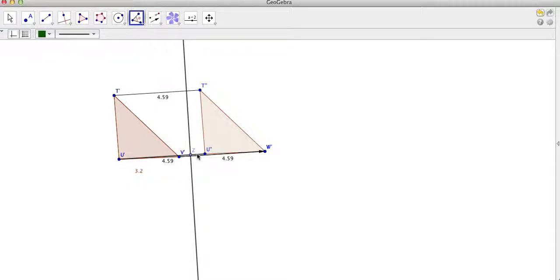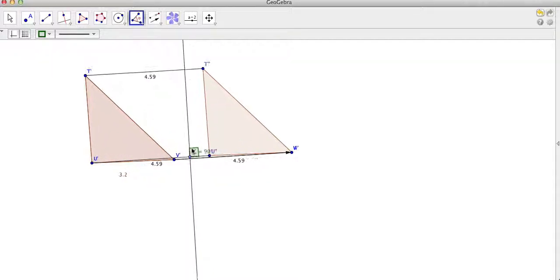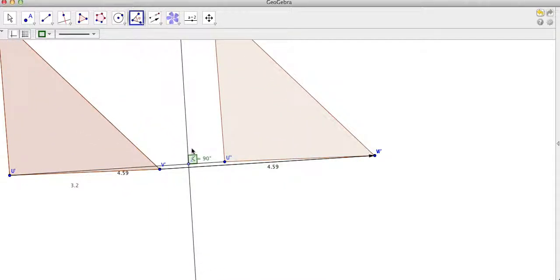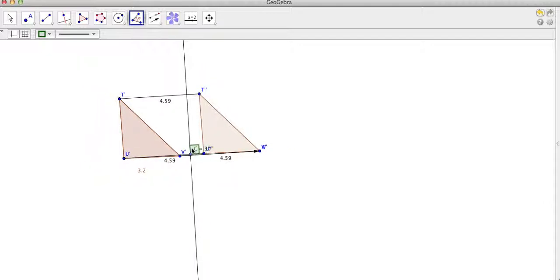Yes, then you can see it's a 90-degree angle, which is a bit easier.